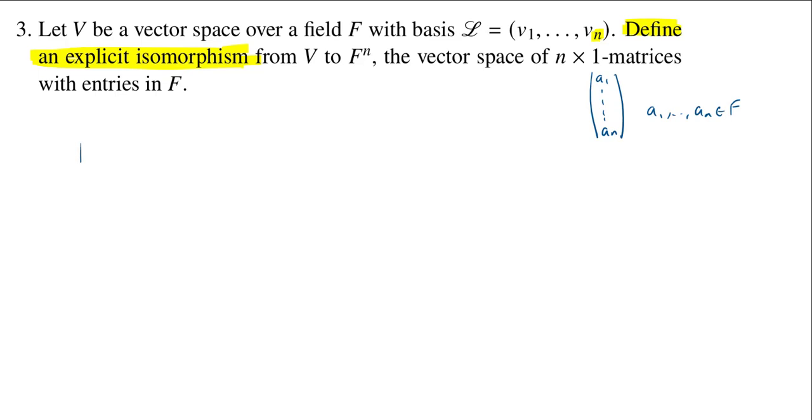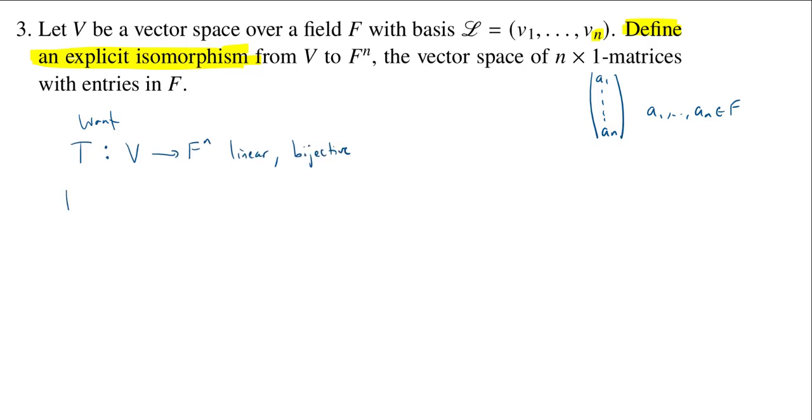So here's what we're going to do. First, I want to define some linear map T from V to Fn. And I'm going to define a linear map by just defining it on a basis. The universal property of a basis says that's good enough. Okay, so we want a linear map T that is bijective, so injective and surjective.